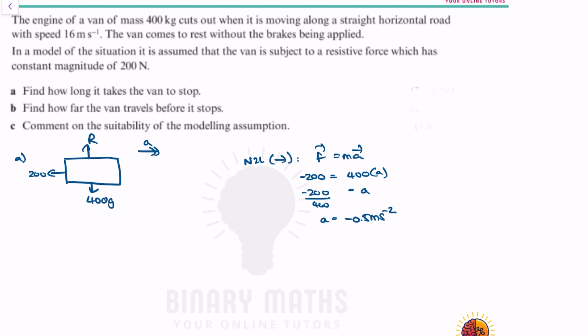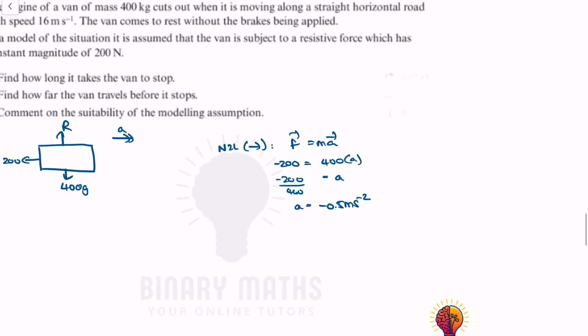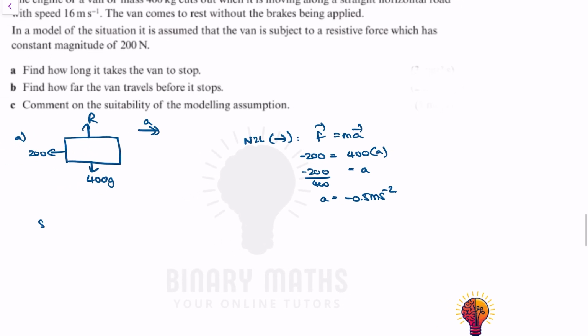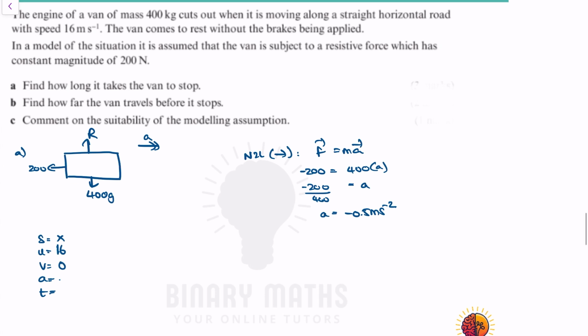But that's not what we're trying to find out. It says find how long it takes for the van to stop. So that means we have to use SUVAT. We don't know the distance traveled. We know the initial speed is 16. Because we want it to come to a stop, the final velocity will be 0. Acceleration is minus 0.5, we just worked it out.